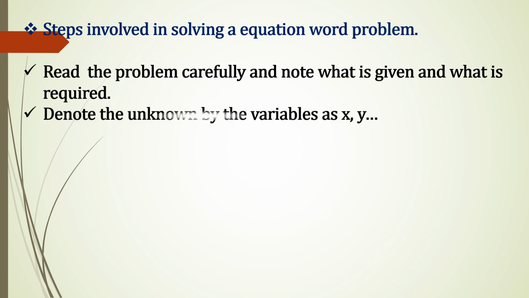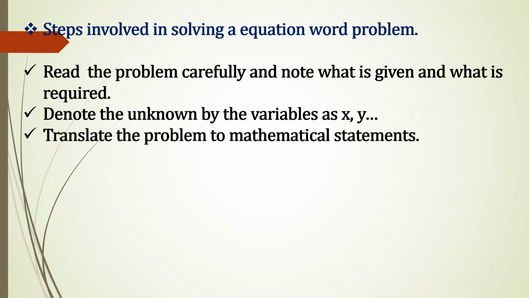Then, denote the unknown by a variable such as x, y, or any other. Third, translate the problem to a mathematical statement, as you have done in the mathematical statement problems in exercise 12.1.